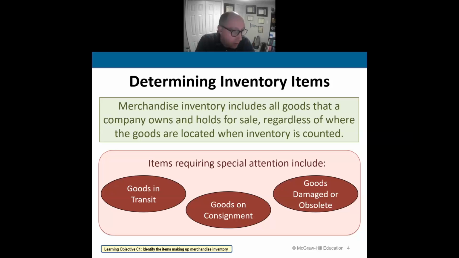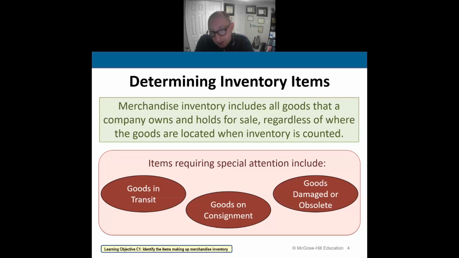A consignment shop, the way it works is someone will come in with some clothing that they want to sell, but the store owner doesn't pay them until the store owner sells their clothes. And then the store owner will pay the people that brought the clothing in. That's called on consignment. Basically it sits on the store shelves until it's sold. And then at the time it sells, that's when the business pays for that inventory. That's what on consignment means.